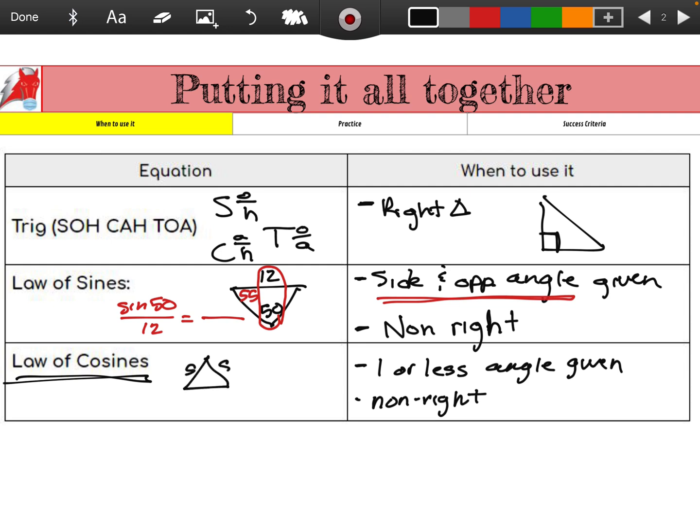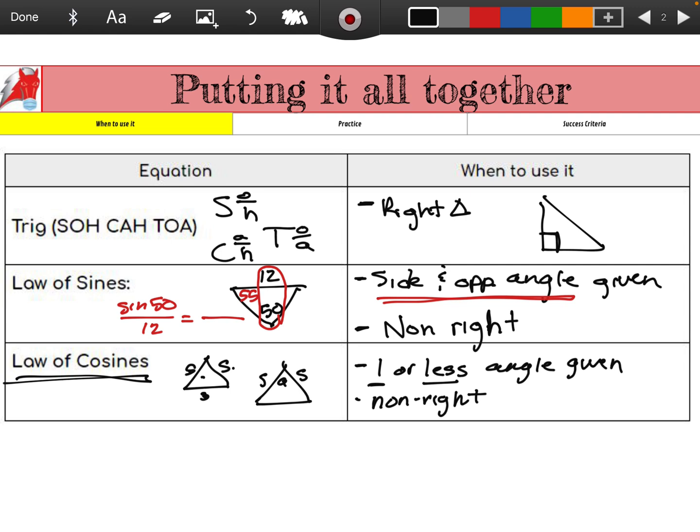If I have three sides, which means I have no angles, so side, side, side. Or if I'm given a side, angle in between, and a side, that setup, there's your one angle. So those two combinations, a side, an angle in between, and a side, or three sides, will be law of cosines. That's your general rule of thumb with when I'm using what.